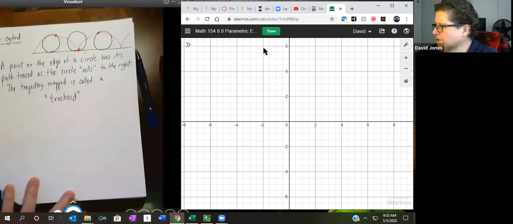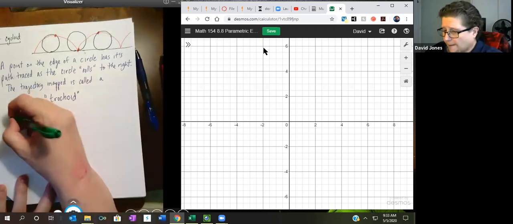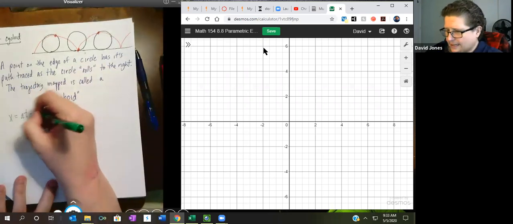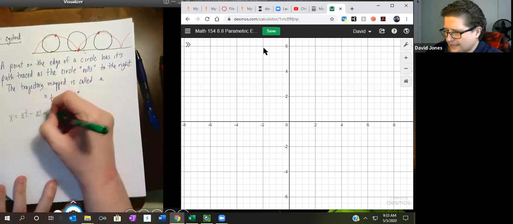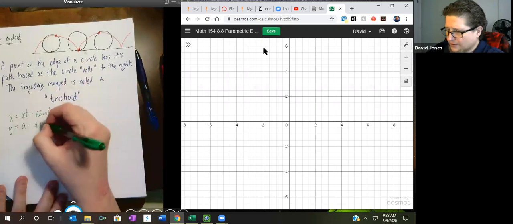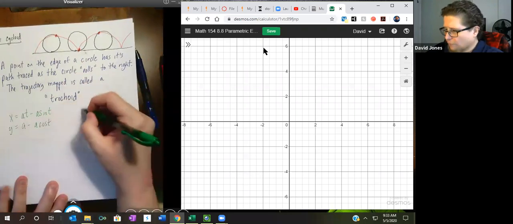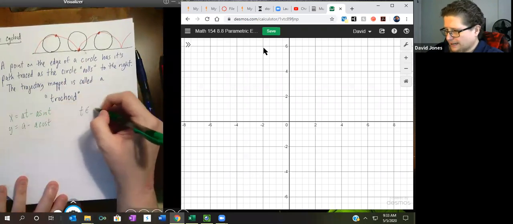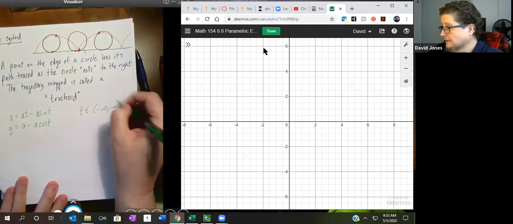And its parametric equations are x equals at minus a sine t, y equals a minus a cosine t, for t in negative infinity to infinity.